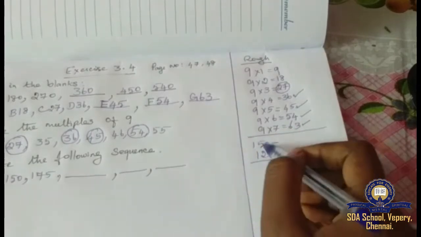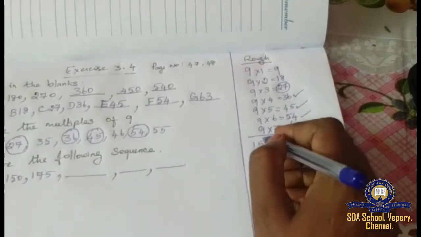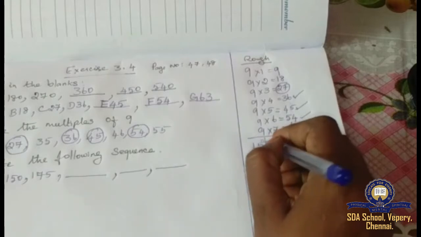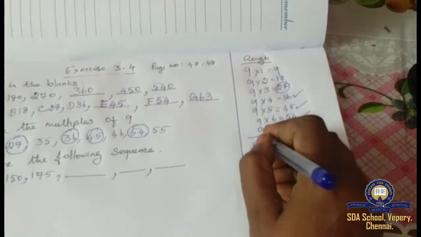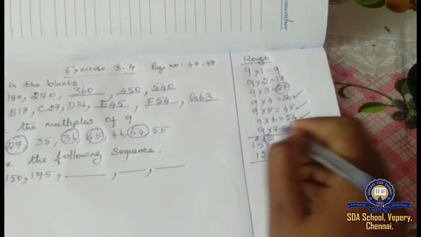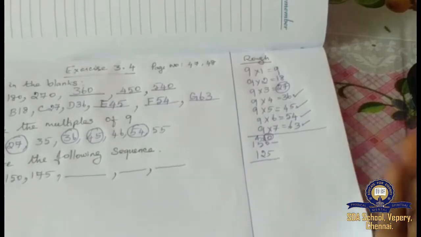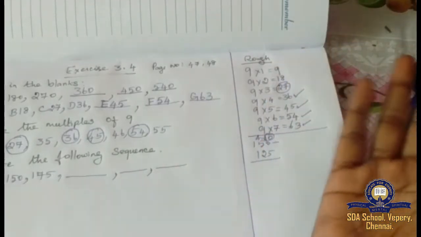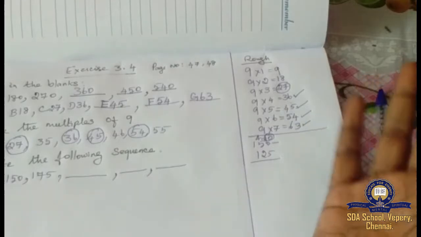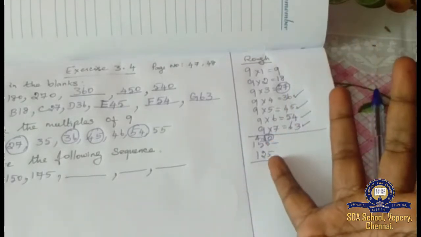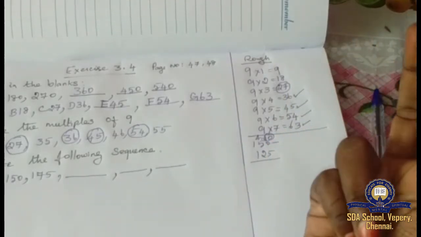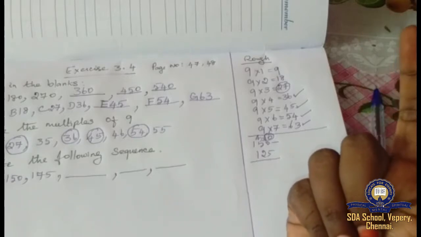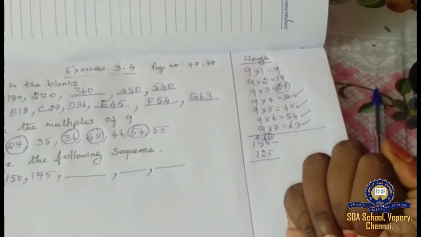Subtract this number. 0, so you have to borrow 1 here. So this will become 10 and this will become 4. In 10, you have to subtract 5. So 10, 9, 8, 7, 6.